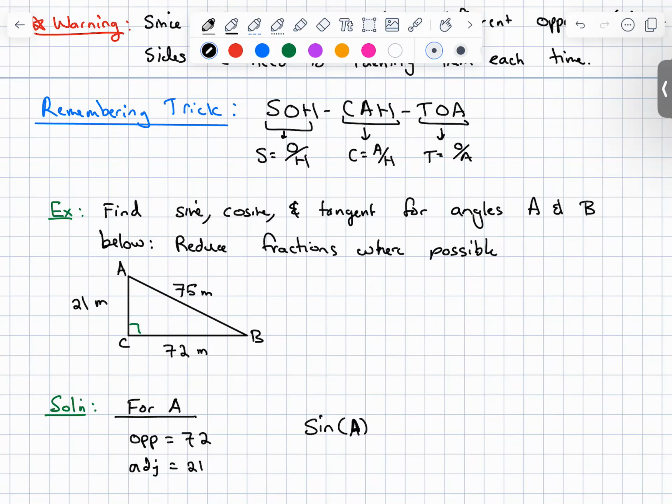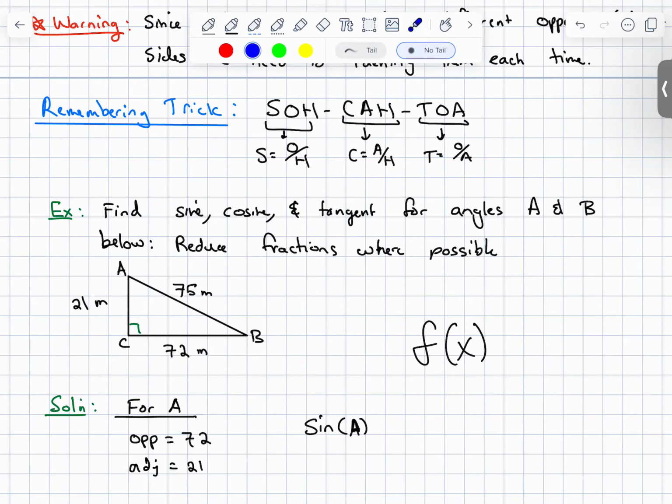The way we write them is f of x. You're taking an operation, a function f, and applying it to a value x. The same thing, you're taking the sine of an angle A. So those parentheses mean this is sine of the value A, of the angle A.